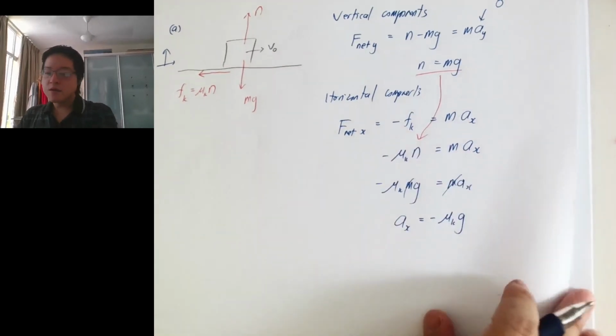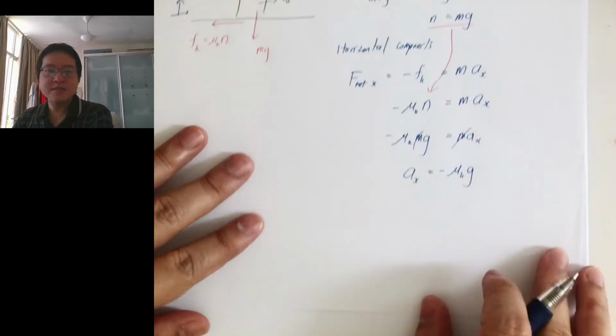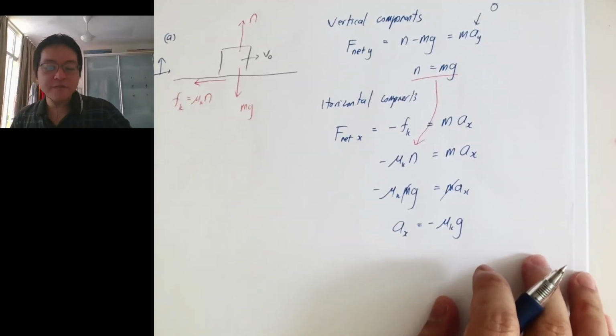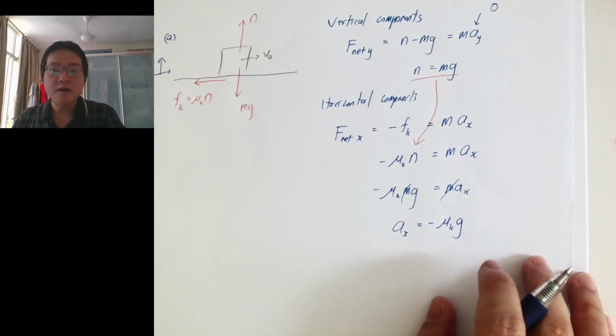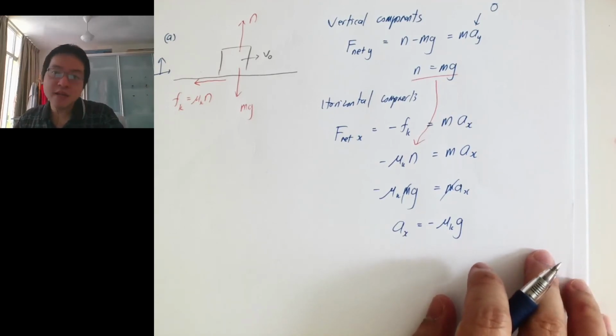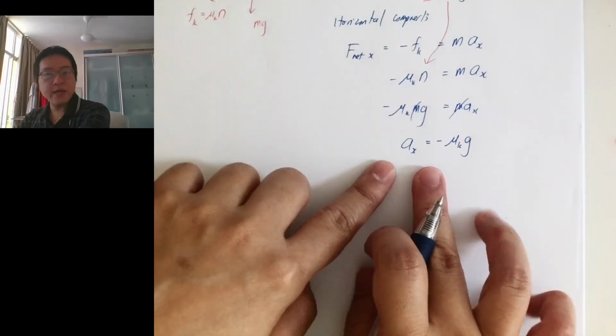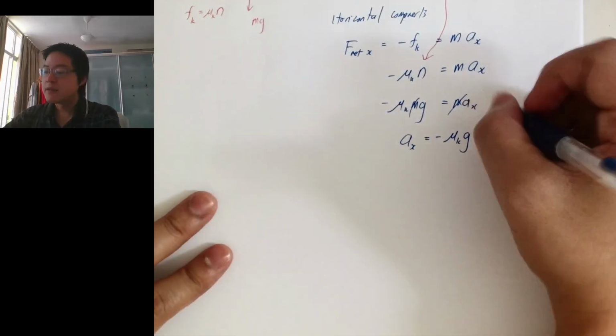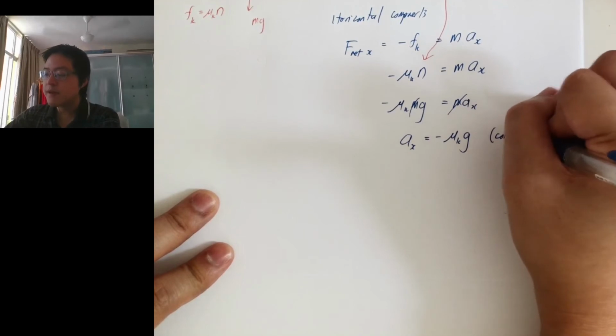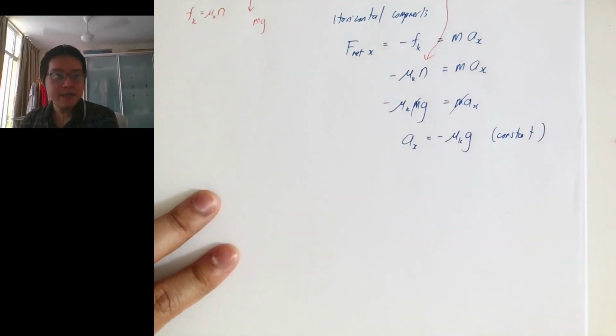Okay, so I have solved the system, but what is the question asking for? The question is asking for the work done, or the total displacement after it has stopped. So I want to find displacement. I do know the acceleration; it is a constant acceleration. Therefore, I can use the kinematic equation.